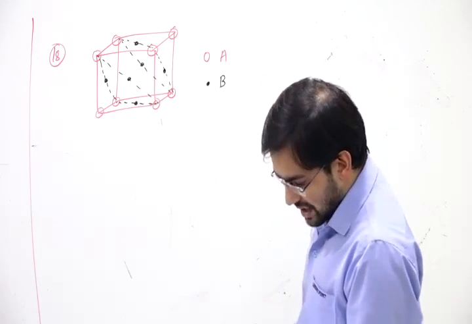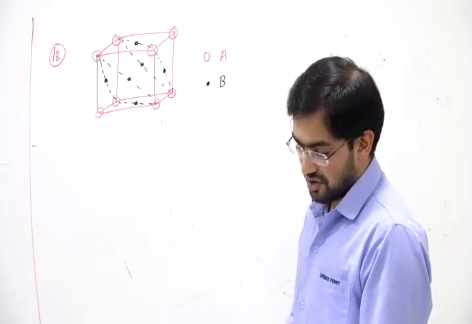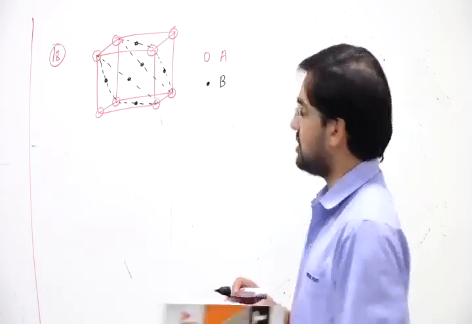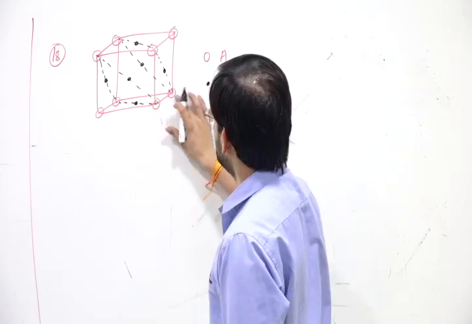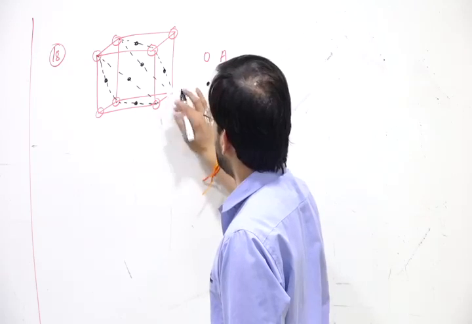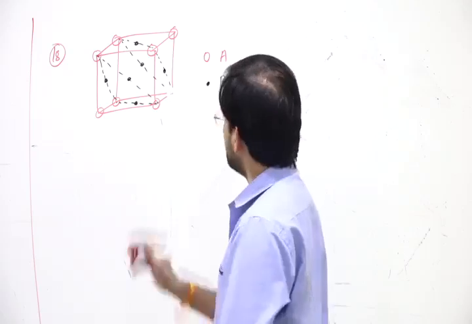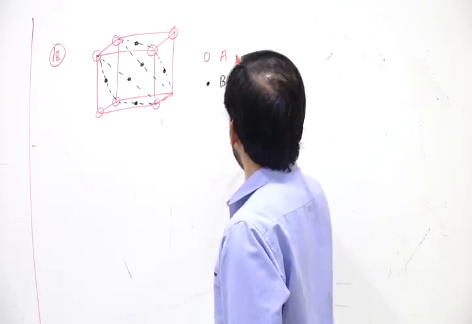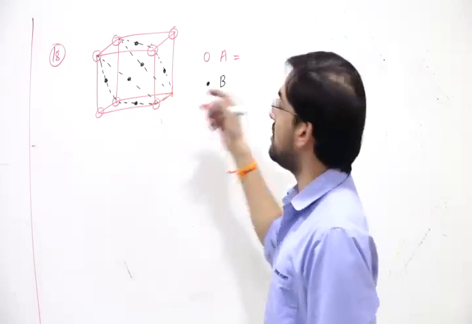Then what they are saying is, one of the A atoms is missing from its corner in the unit cell. So now one of the A atoms is gone. If it is gone, you remove it from any corner. From any corner I have removed. It means now it is not there. So how many atoms are there for A? Initially there were 8, but 1 is gone now.